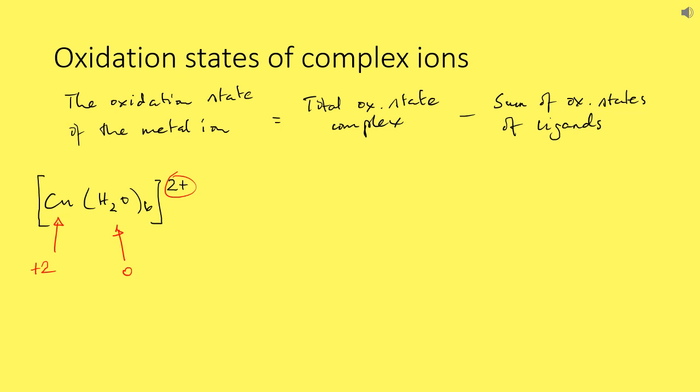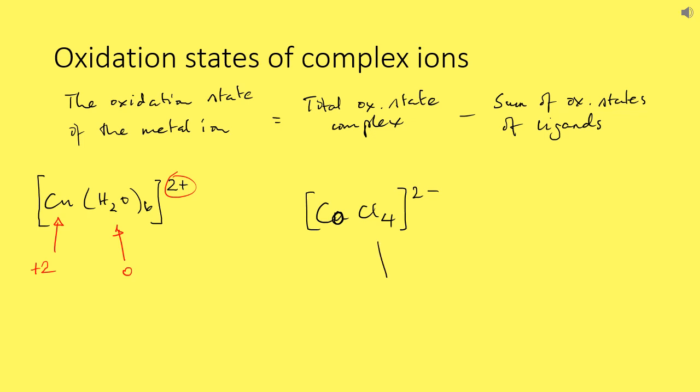Let's have a look at another example. Let's use cobalt chloride this time. In this case we get 4 chloride ligands surrounding the cobalt. Our cobalt chloride complex has a 2- charge.